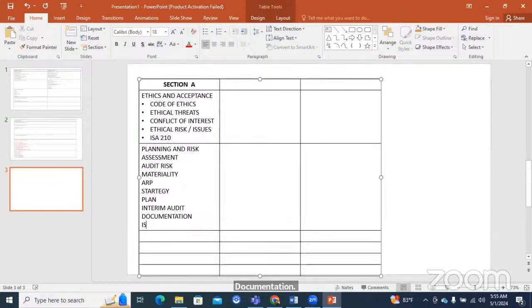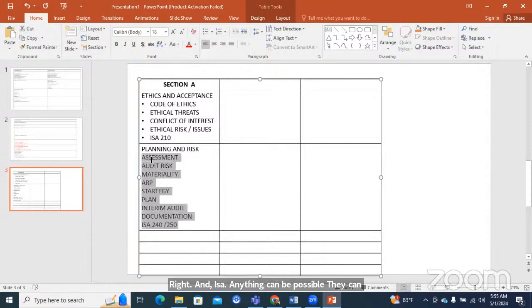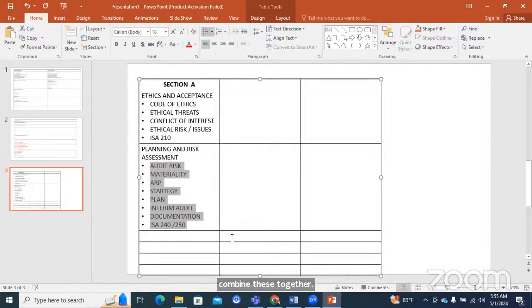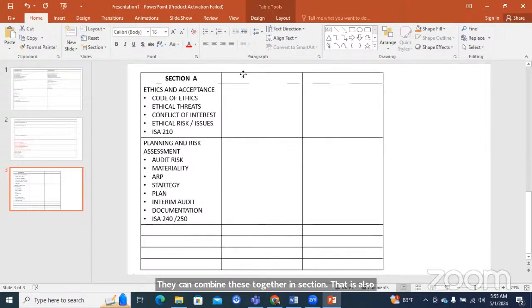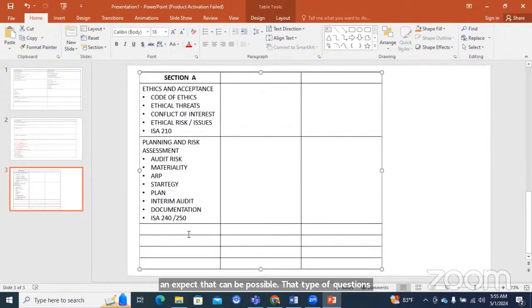And ISA 240, 250. Anything can be possible. They can combine these together in section A. That is also what I'm expecting. That type of question is also possible in section A.